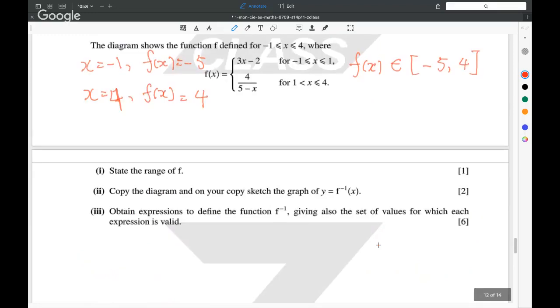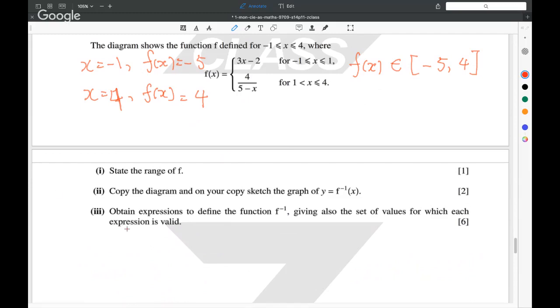Then obtain expressions to define the function f inverse, giving also the set of values for which each expression is valid. So it's asking you to find the inverse function, but also to find the domain of the inverse function. It's clear that the domain of the inverse function is the range of the original function, because you are going between two sets, and when you do the inverse, you are just exchanging these two sets.